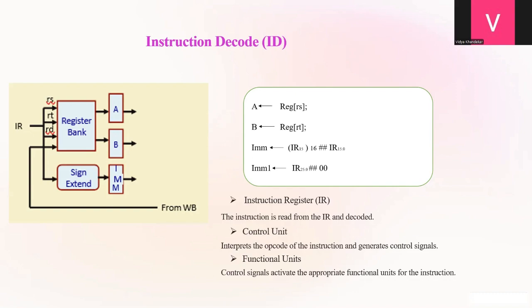For the calculation of the immediate, we use sign extension for the 16-bit immediate, and the other immediate is calculated by padding 2 zeros to the 26-bit immediate field. The decoding is done in parallel with reading the register operands with RS and RT.